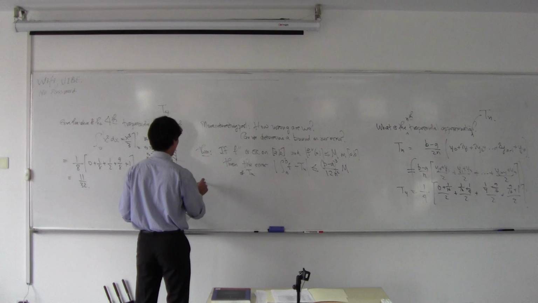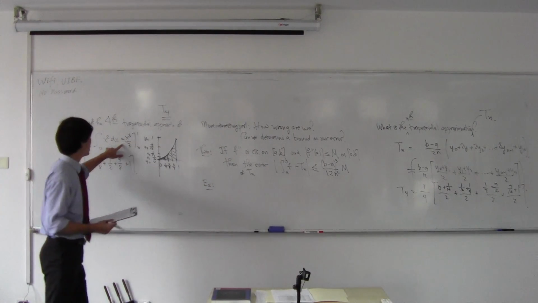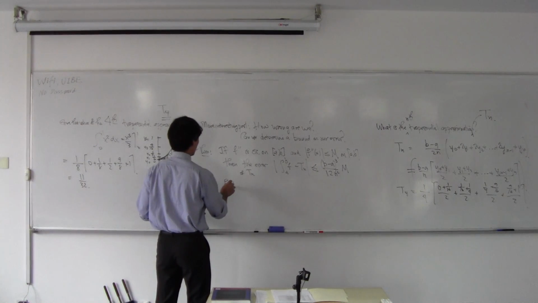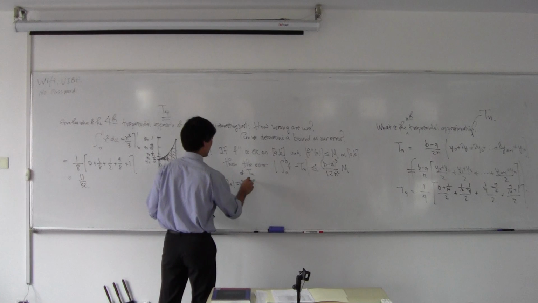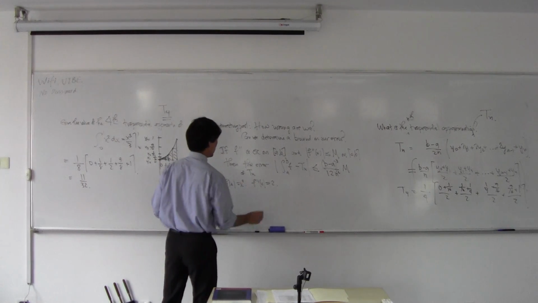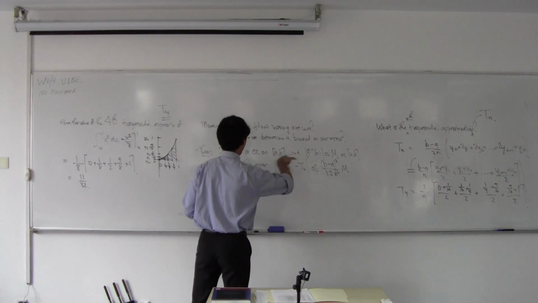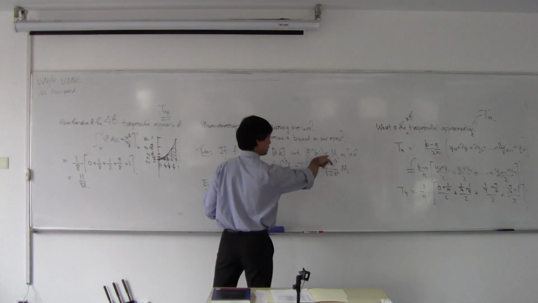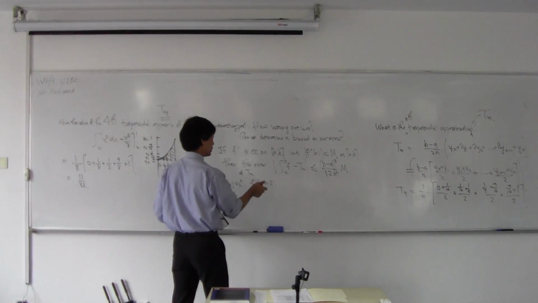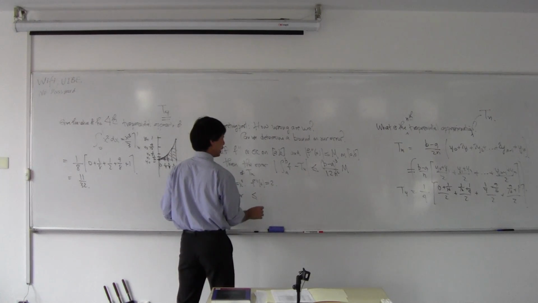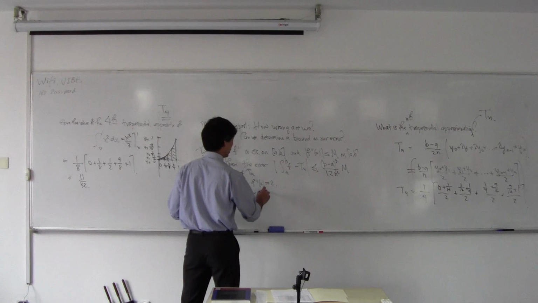So for example, if we look at the approximation we just did, our function was x squared. The second derivative is 2, so you know it's continuous and it's bounded by the number 2. So we know that the error is going to be 1 cubed over 12n squared times 2.